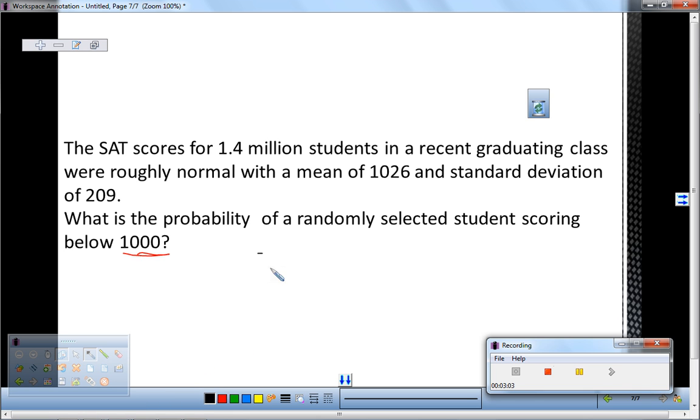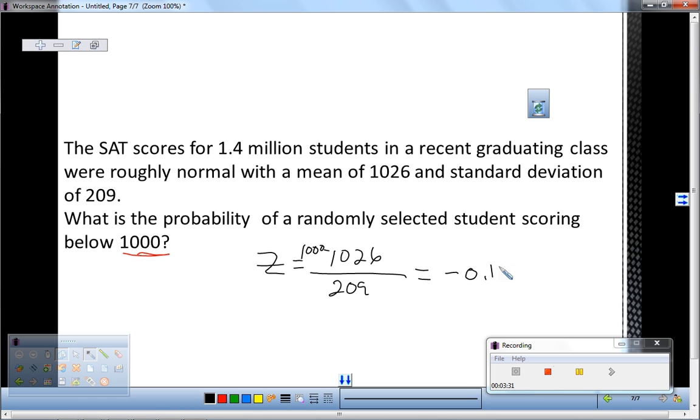So let's go ahead and do z is equal to 1,000 minus 1026, all divided by 209. Alright, so we should end up with negative 0.12. Okay, and we'll go look this up in the table.